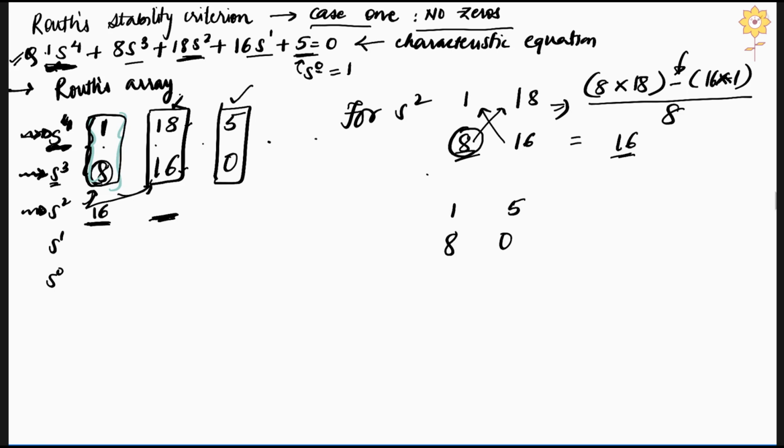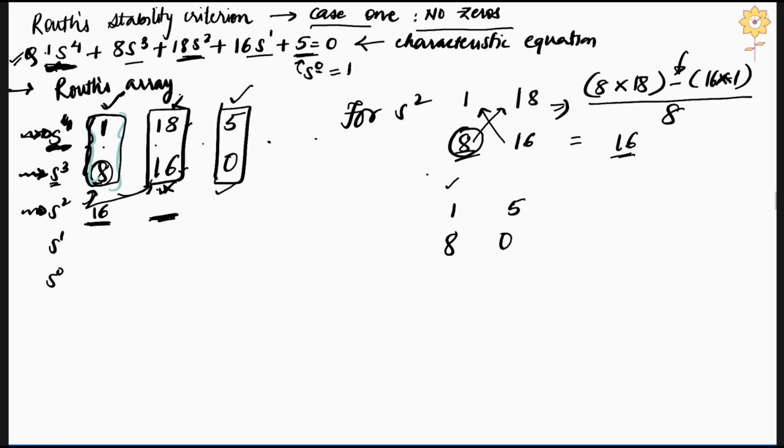So, 1 and 8 will remain constant, and instead of 18 and 16, we will be moving ahead and using 5 and 0 for this position.